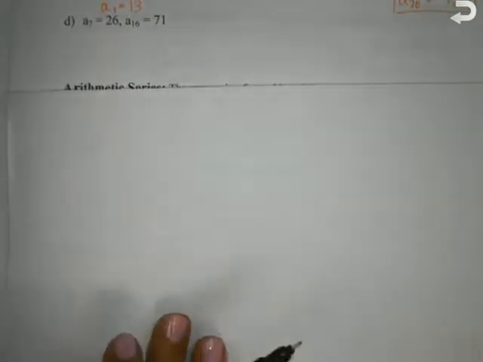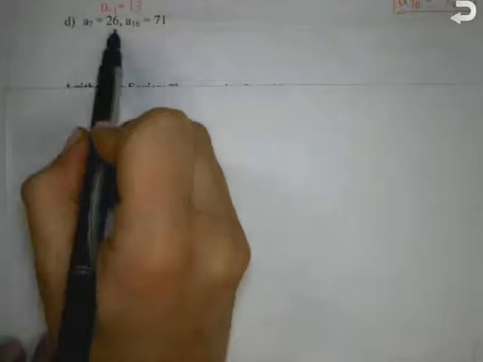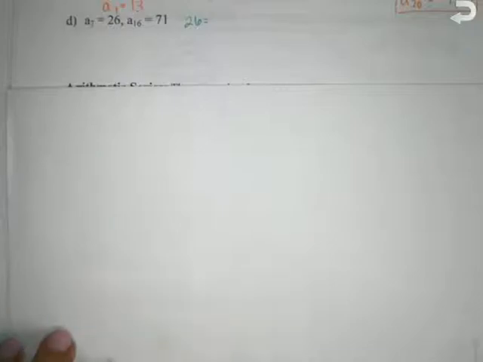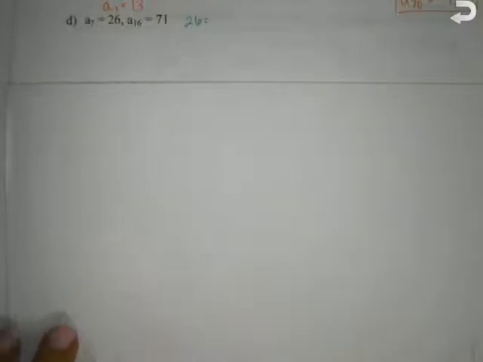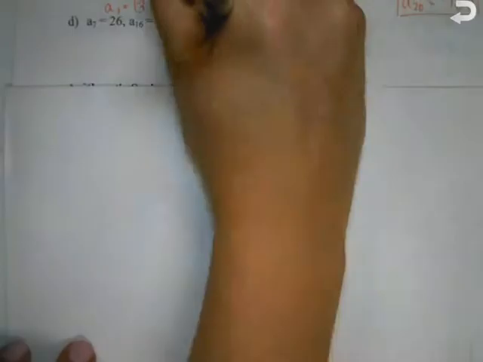So let's plug what we know into the formula first, and then we'll see what it looks like we can do. So a sub 7, that's 26, equals, we don't know what D is, so D times 7 minus 1 plus a sub 1.